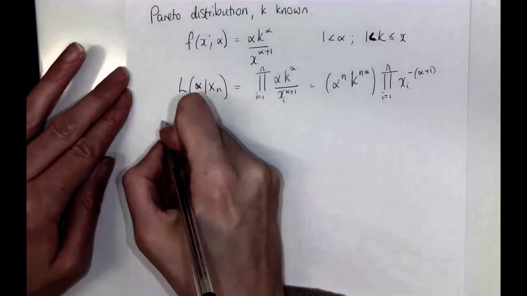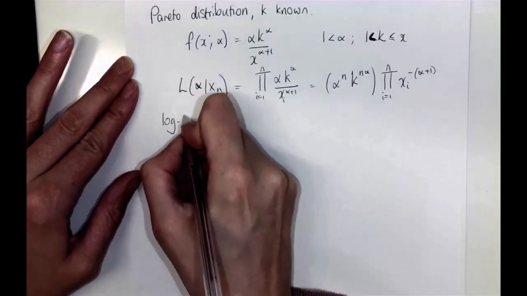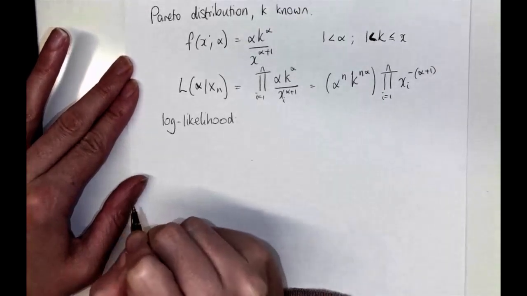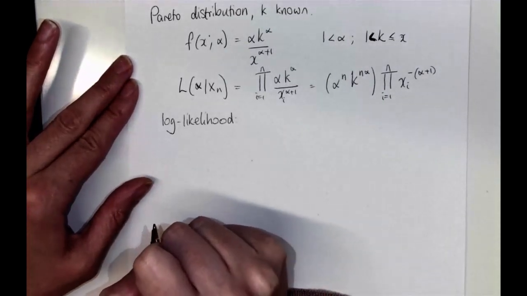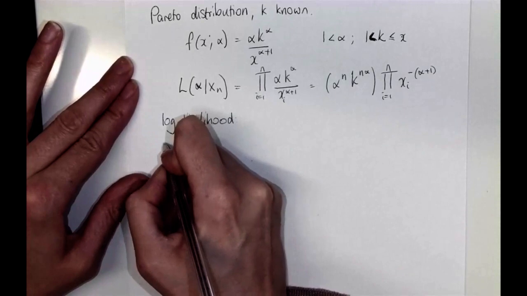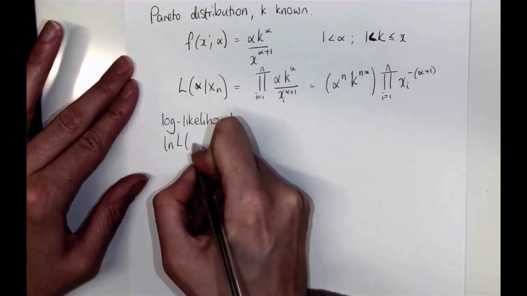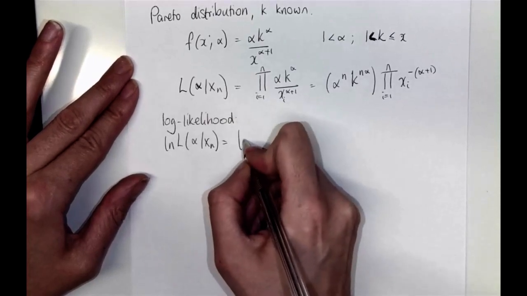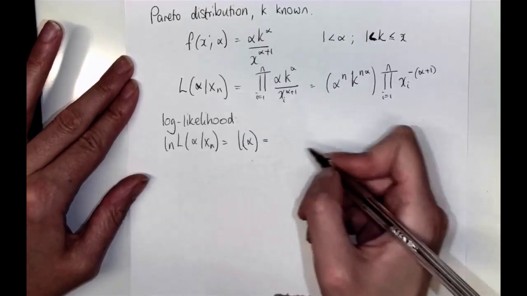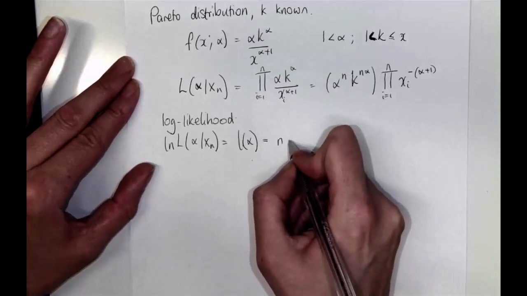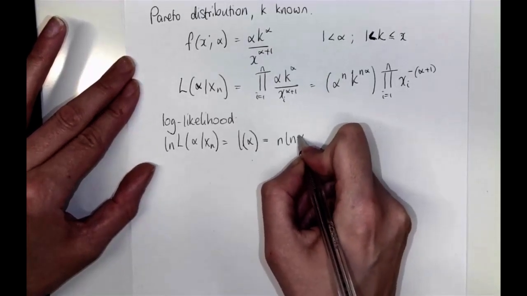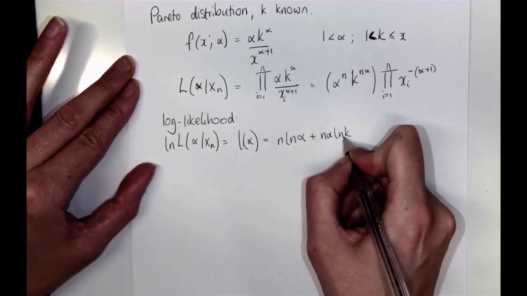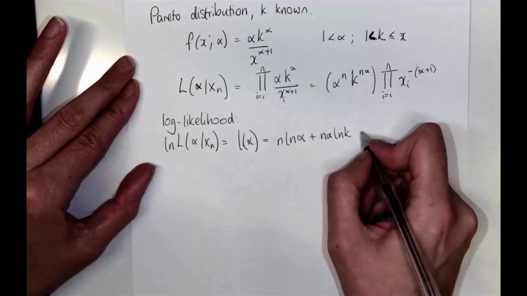And then we get the log likelihood, because it's much easier to maximize the log likelihood in a lot of situations. So the natural log of the likelihood function, l of alpha, equals n natural log of alpha plus n alpha times the natural log of k, which is a constant, remember.